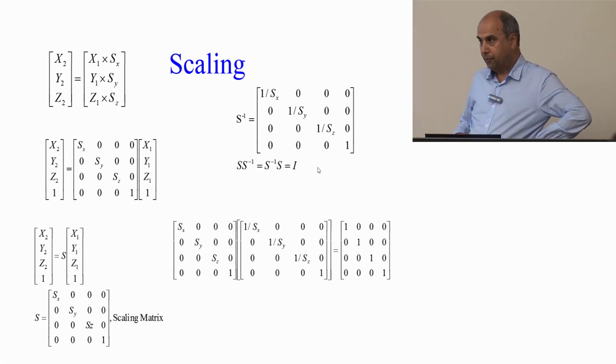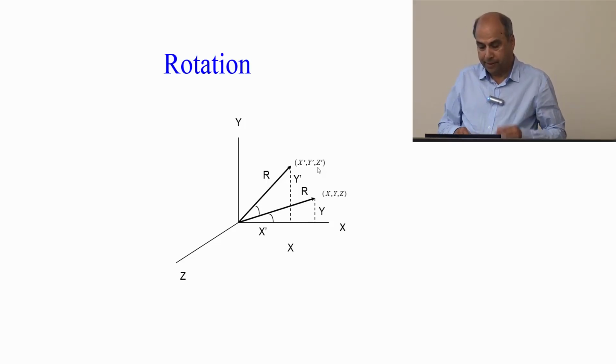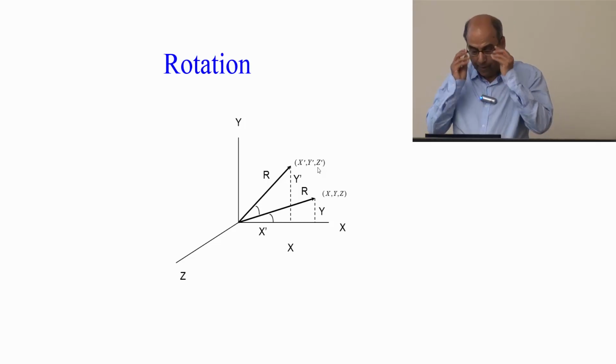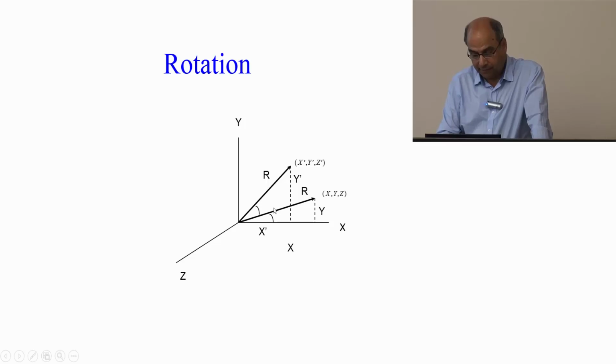Then rotation. We already talked about how we can come up with the rotation matrix by looking at this example, where we have rotation about the z-axis, and this is x, y, z before rotation. It rotates by this angle theta to x prime, y prime, z prime.